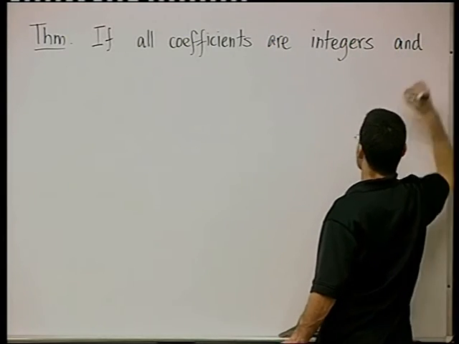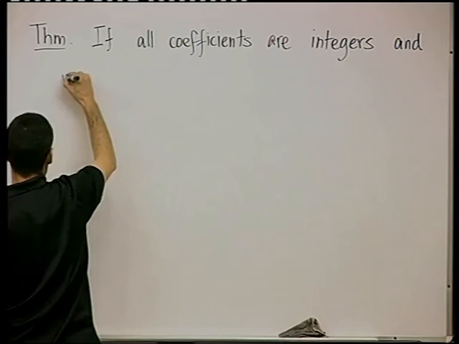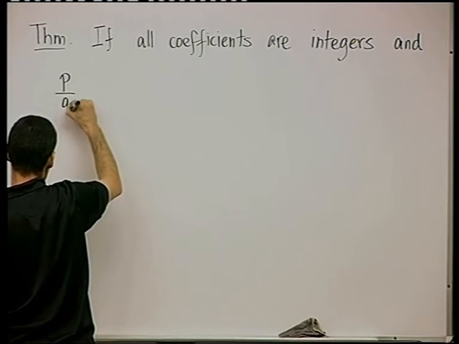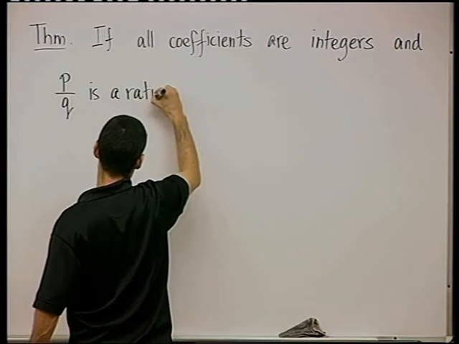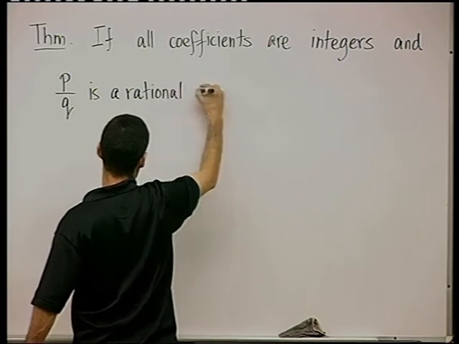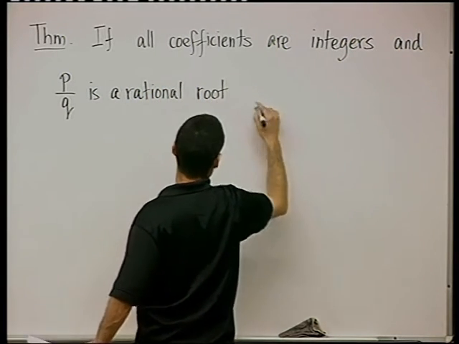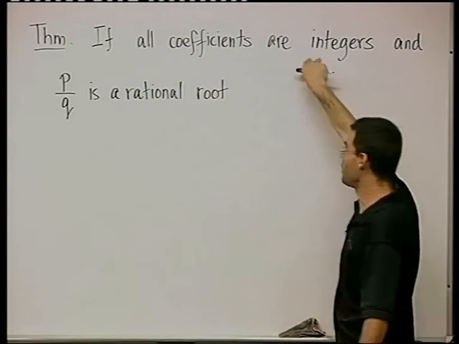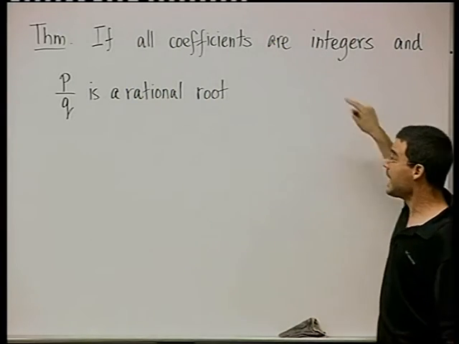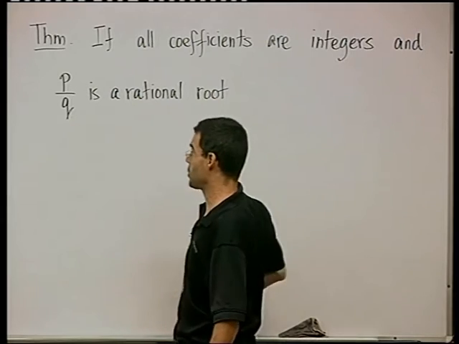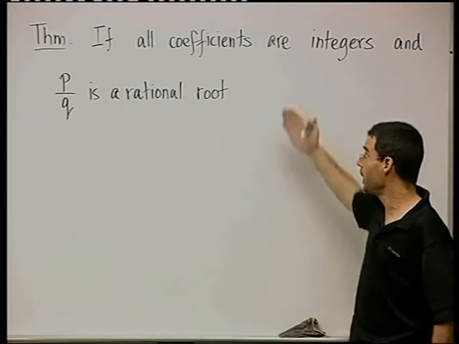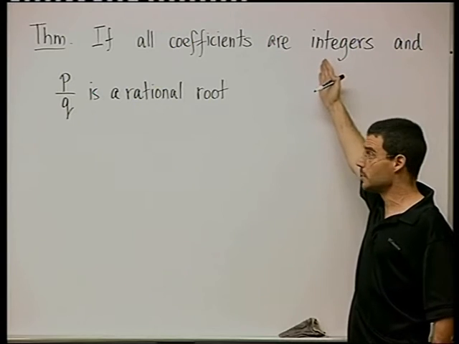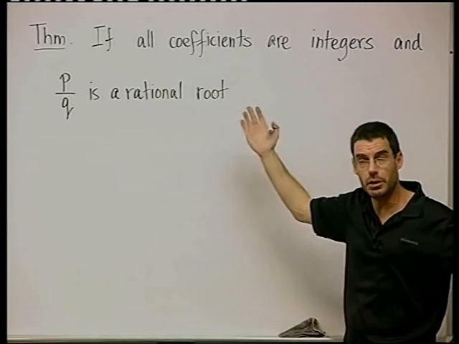And you have a rational root. P over Q is a rational root. So it's a lot of ifs here. If the coefficients are integers, and suppose the polynomial has a rational root, okay, that could happen and could not, right? z squared plus 1 has integer coefficients, but no rational roots, not even real roots.